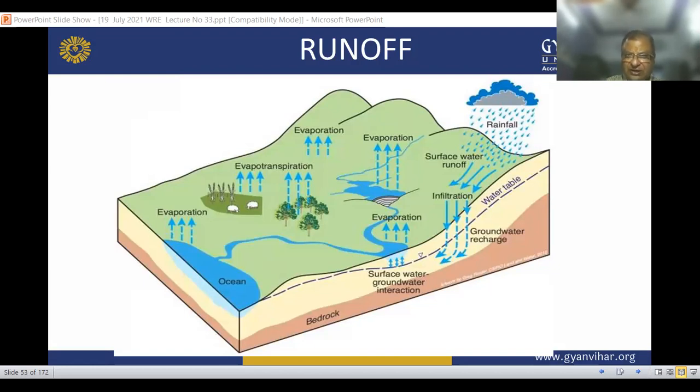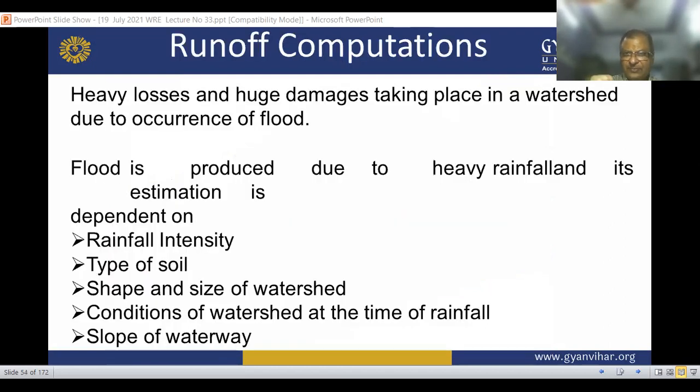Now you see runoff. This is the area where rainfall will be trapped and runoff will become available after the saturation of the entire catchment. Now, runoff computation. Heavy losses and huge drainage take place in the watershed due to the occurrence of flood.